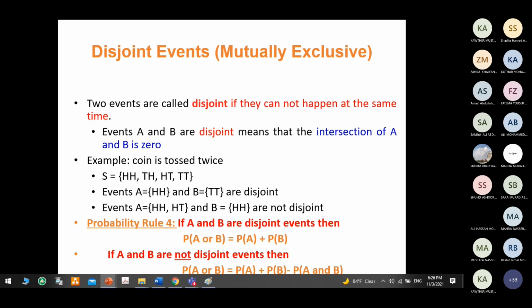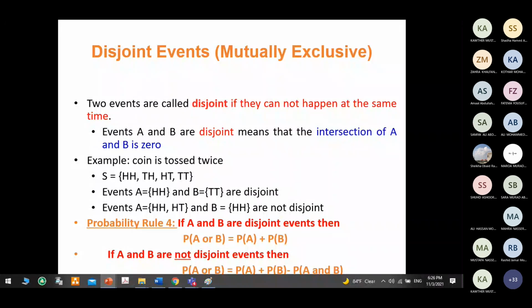Okay. Now let's define what we call disjoint or mutually exclusive events. If we have 2 events, we call them disjoint or mutually exclusive if they cannot happen at the same time. Example, I cannot say it is dark and white at the same time, either dark or white. I cannot say it is day and night.